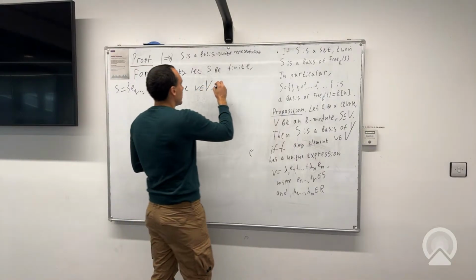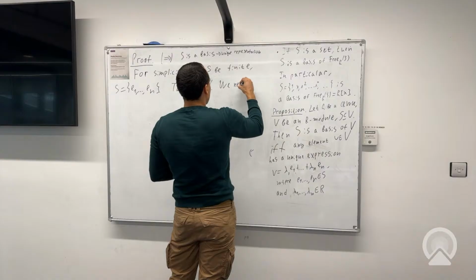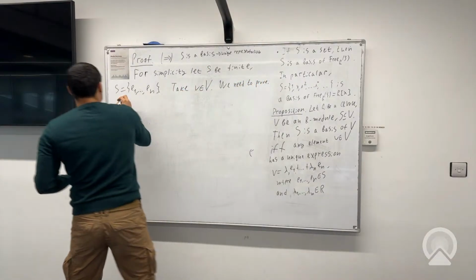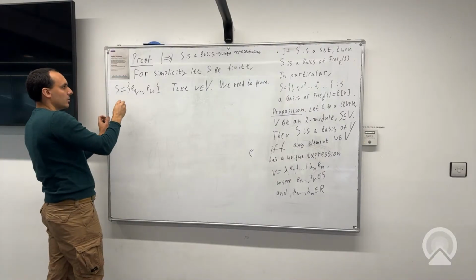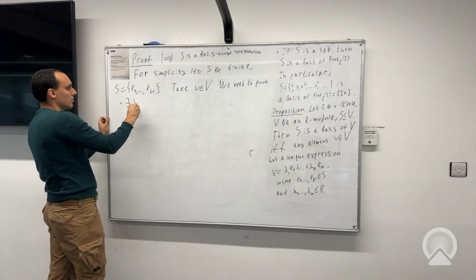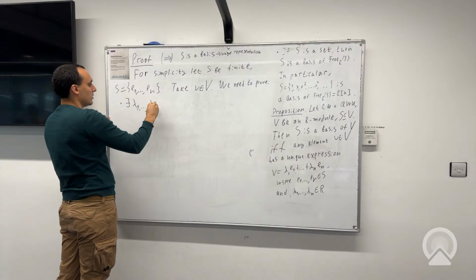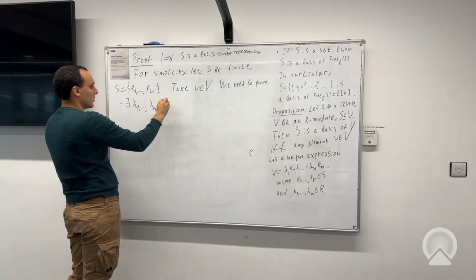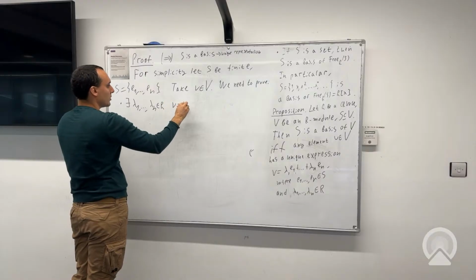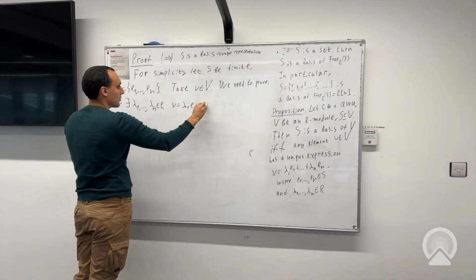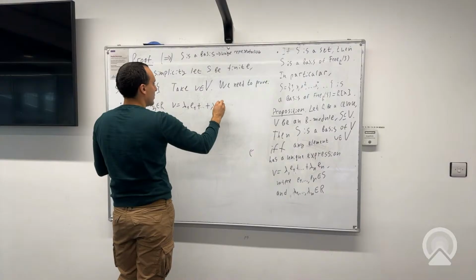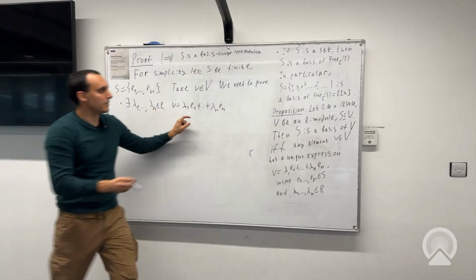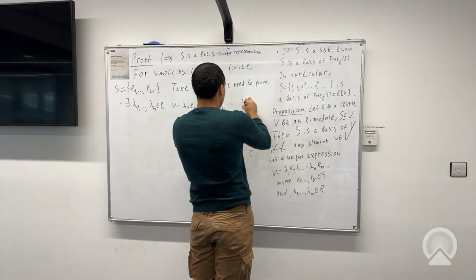We need to prove two things. First, that there exist lambda 1, ..., lambda n such that v equals lambda 1 e1 plus ... plus lambda n en. This is the definition of span.